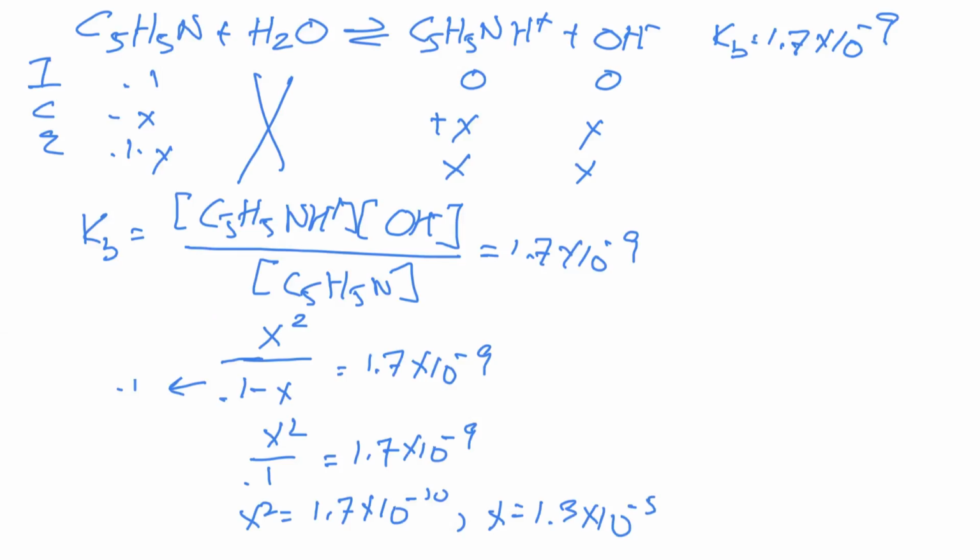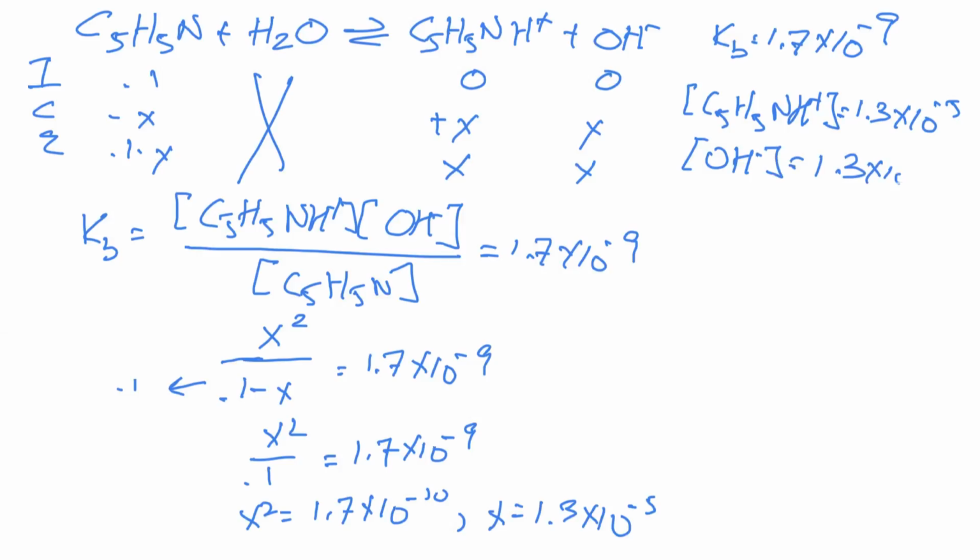Going back to what x represents, that's the concentration of the pyridinium ion, 1.3 times 10 to negative 5. It also represents the concentration of hydroxide ion, 1.3 times 10 to negative 5. The concentration of pyridine is 0.1 minus 1.3 times 10 to negative 5, which is almost exactly 0.1 because that's such a small number.